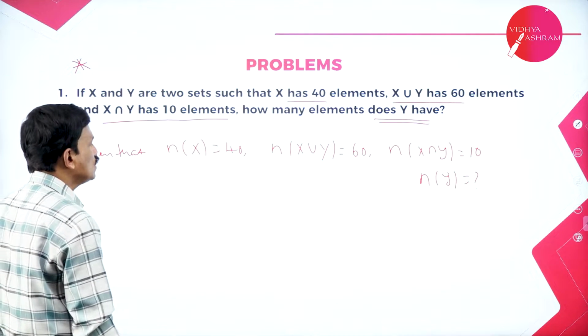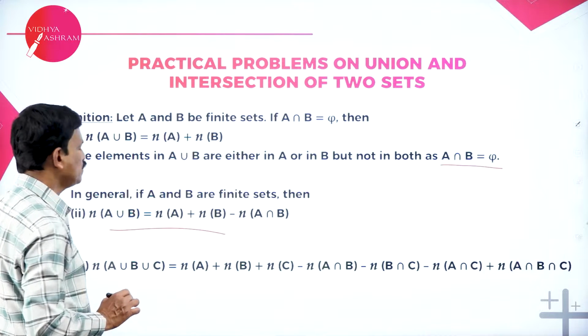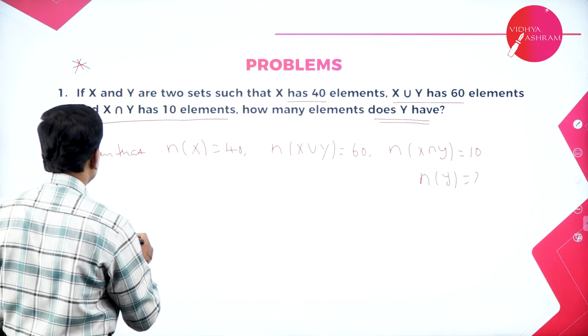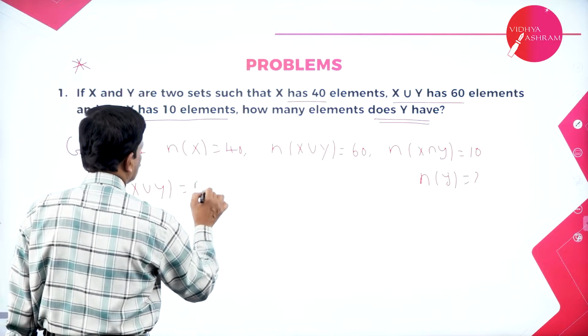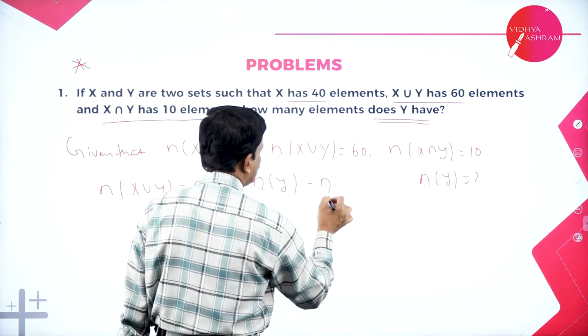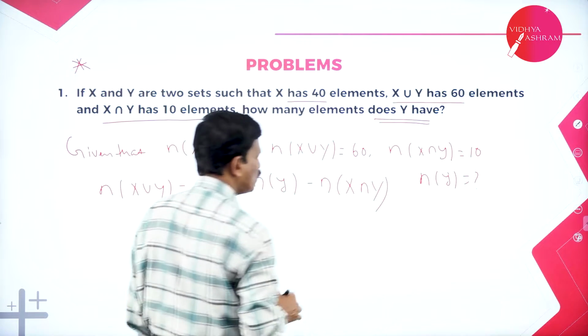Now what is the formula we are going to use? N of A union B is equal to N of A plus N of B minus N of A intersection B. So here N of X union Y is equal to N of X plus N of Y minus N of X intersection Y. This is the formula we are going to use.